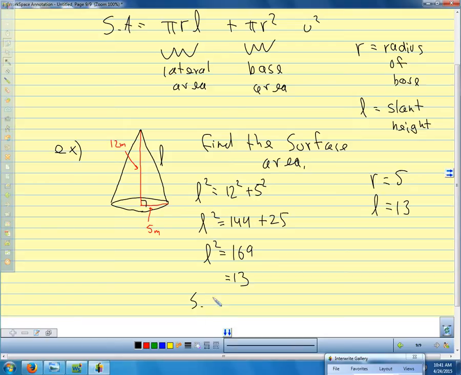So our surface area is pi times 5 times 13 plus pi times 5 squared. Oh, and I forgot to say in terms of pi.